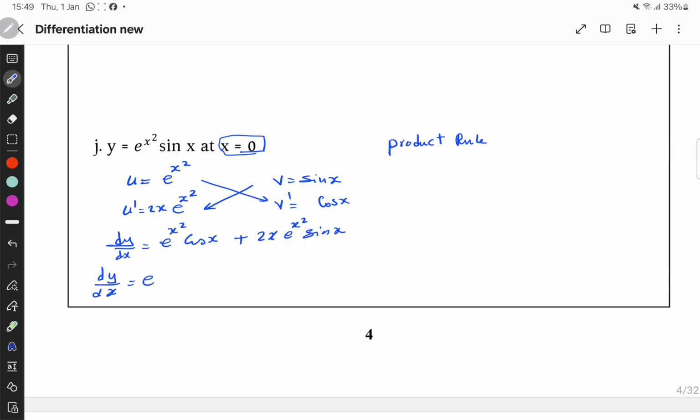Replacing every x by 0, we substitute: e to the power 0 times cosine 0 plus 2 times 0 times e to the power 0 squared times sine 0. 0 times anything will be 0, so that is cancelled. e to the power 0 is 1, and cosine 0 is 1, so 1 times 1. The final answer is 1.